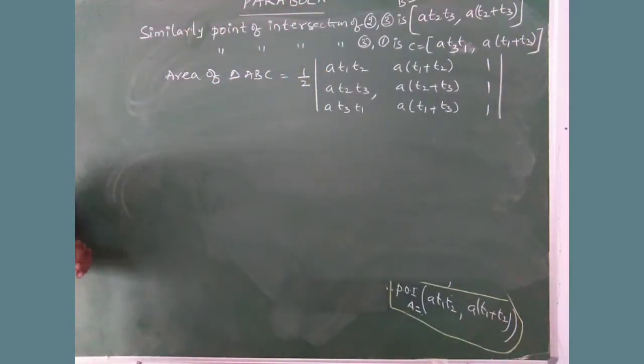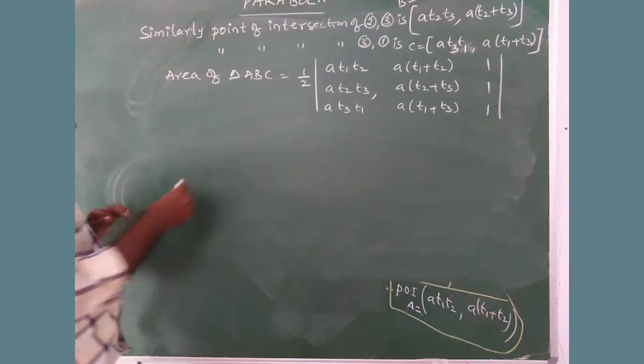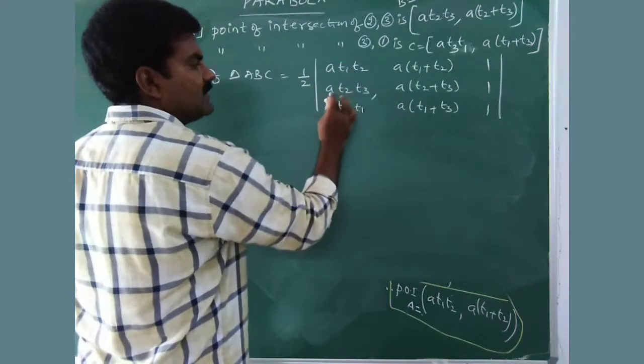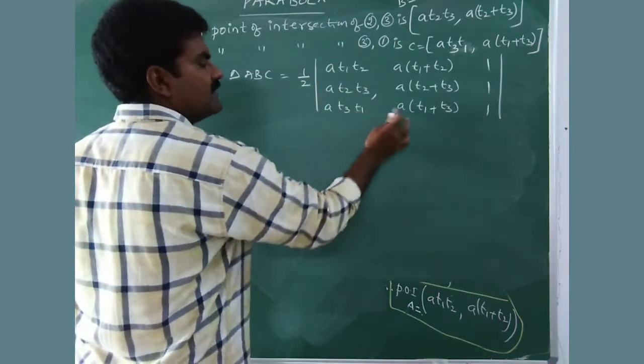Now you know determinants, we already learned in the chapter straight lines. So see here, a and a common, here also a and a, here also a and a.